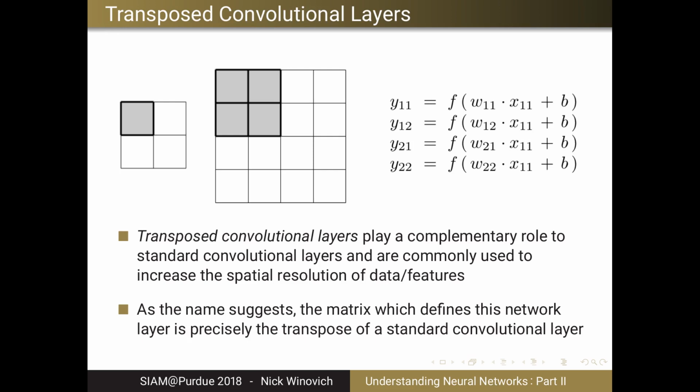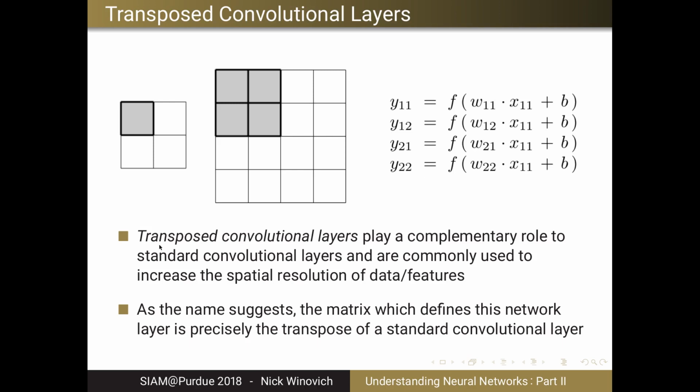So similar to the convolutional layers, we can define what's referred to as a transposed convolutional layer, which builds up in a certain sense. It is the opposite direction of a convolution. And the way that it's defined is, as the name suggests, simply by taking the transpose matrix of the original convolution matrix.